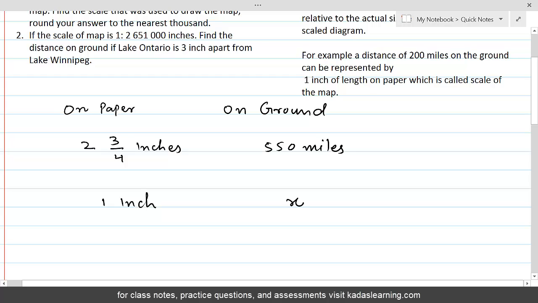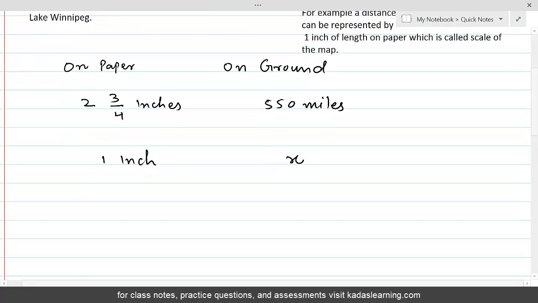We have no idea. Without any conversion of units, we can simply take this data and then do the cross multiplication, because ratio of distances on paper is same as ratio of distances on the ground.